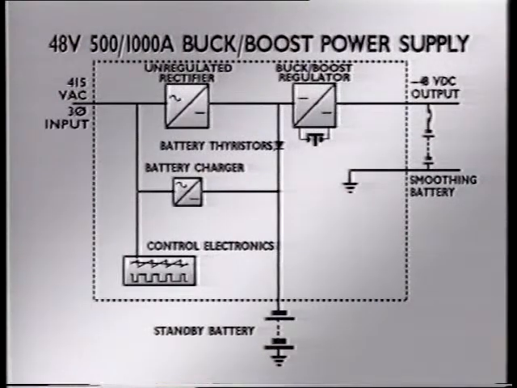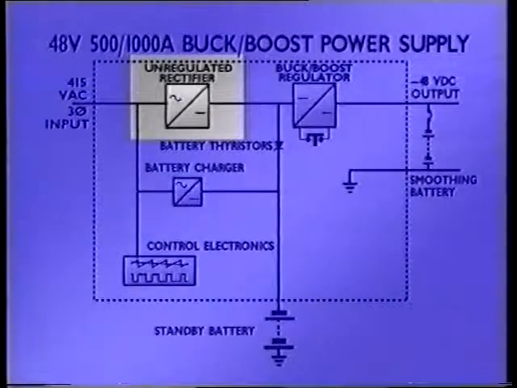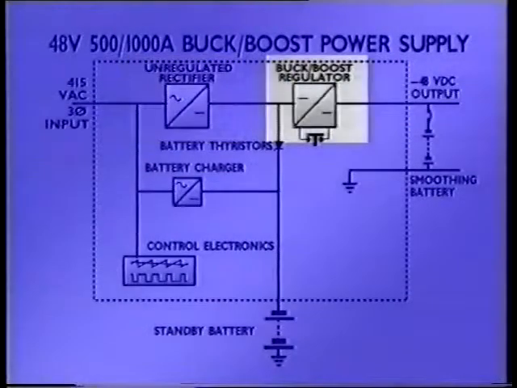A buck-boost power supply can be broken down into four basic areas. 1. An unregulated rectifier. This converts the incoming AC to DC and is essentially an unregulated rectifier operating at maximum efficiency. 2. A buck-boost regulator.